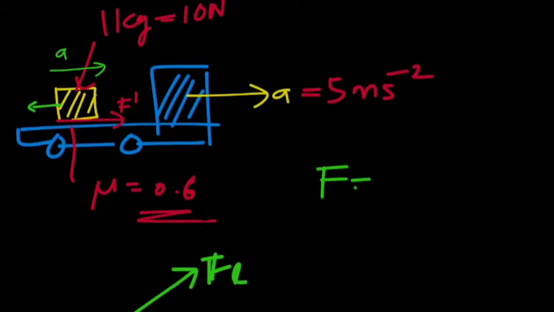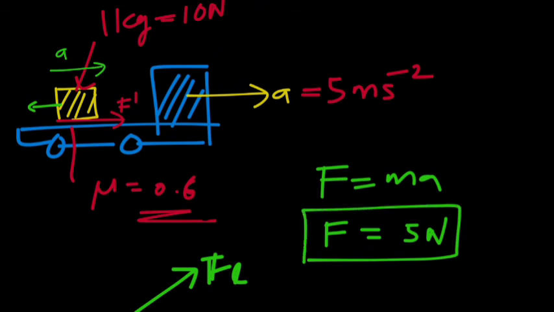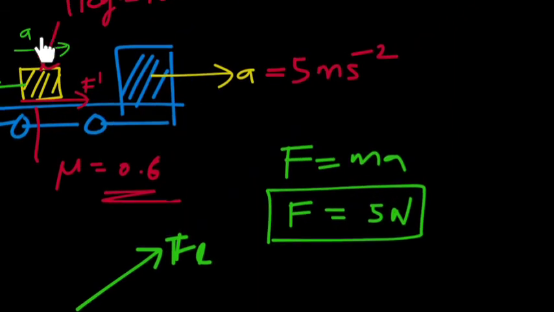We know that F is equal to ma. By substituting m with 1 and acceleration with 5, I obtain that F is 5 newtons. The required force to accelerate this box at 5 meters per second squared is 5 newtons.